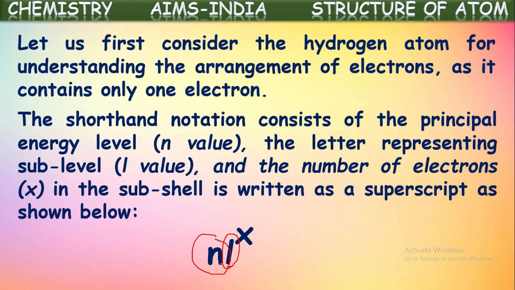In a particular orbit, there might be different subshells. In which subshell this electron is located is given by this l value. And this x represents the number of electrons present in that subshell. How many electrons are there in that subshell is denoted by x. So this is known as nlx notation.